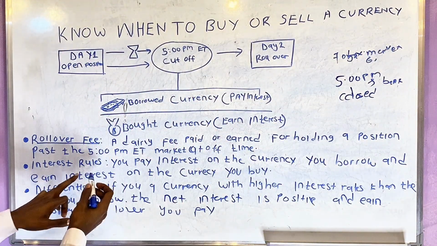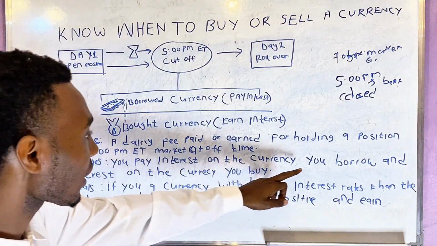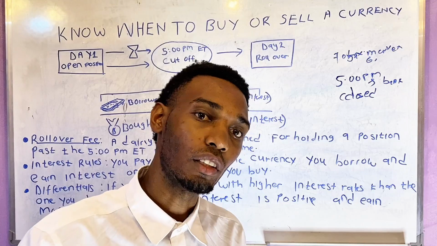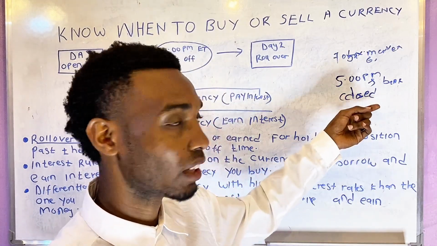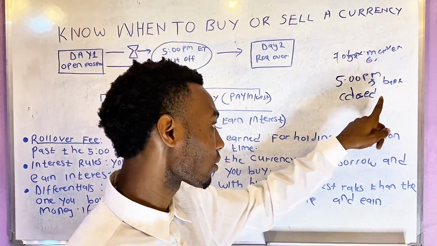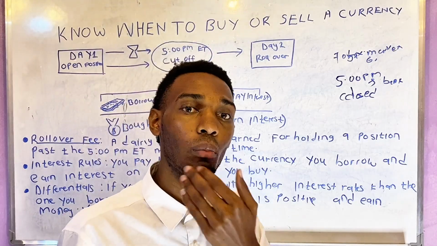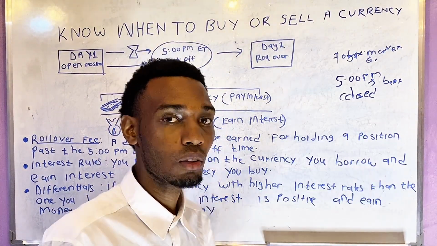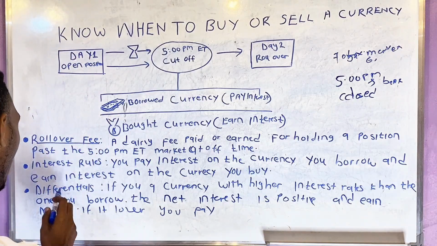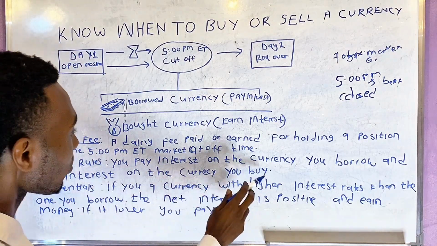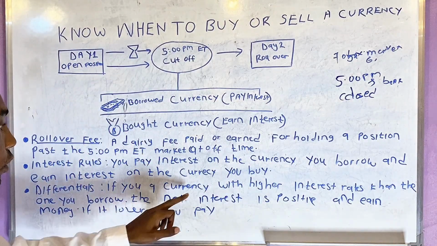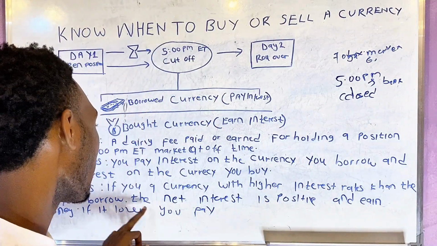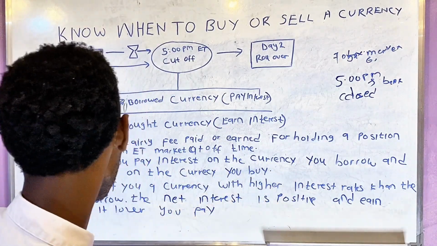Now here, you pay interest on the currency you borrow. When you trade currencies at the time when the banks are closed, past 5, it is recommended you trade before the bank closes, because of the interest difference on the currency you buy. If your currency has a higher interest rate than the one you borrowed, the net interest is positive and you earn money.